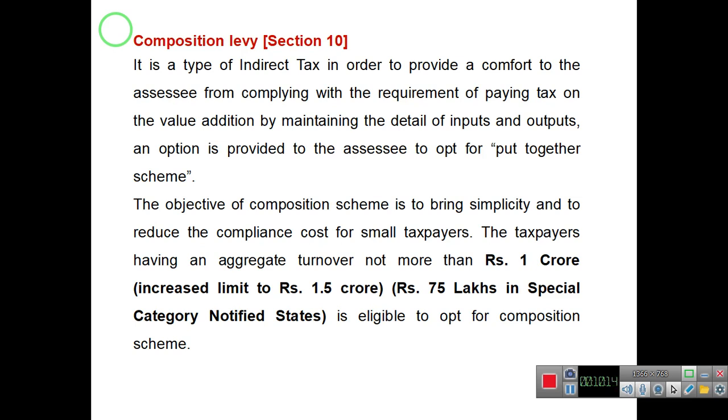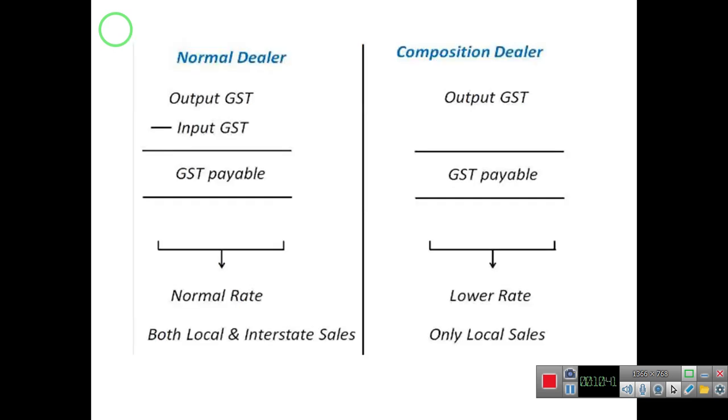The objective of the scheme is to bring simplicity and to reduce compliance cost for small taxpayers. Any taxpayer whose aggregate turnover does not exceed 1.5 crores during a financial year, and in case of special category states does not exceed rupees 75 lakhs, is eligible to opt for composition scheme.